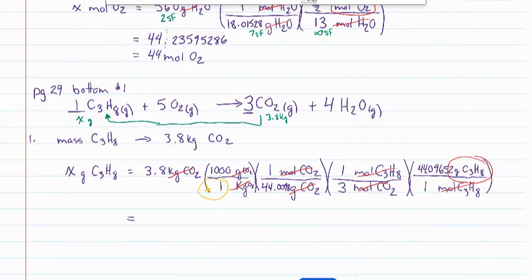But then we will multiply by 1, divide by 44.0098, multiply by 1, divide by 3, multiply by 44, and do we need to divide by that last one? Not really. When you've calculated that all into your calculator, please check your answer here. You should have typed that all in already. 162,596. And that is grams of propane.